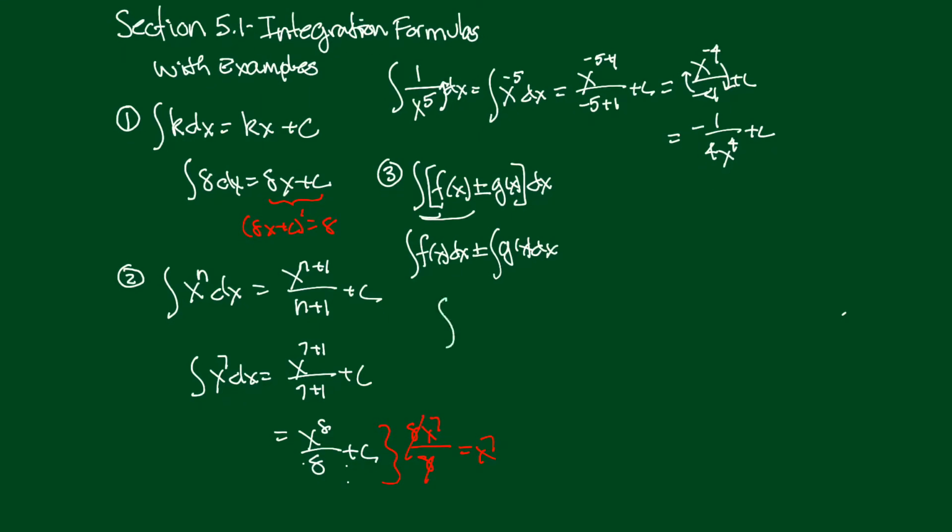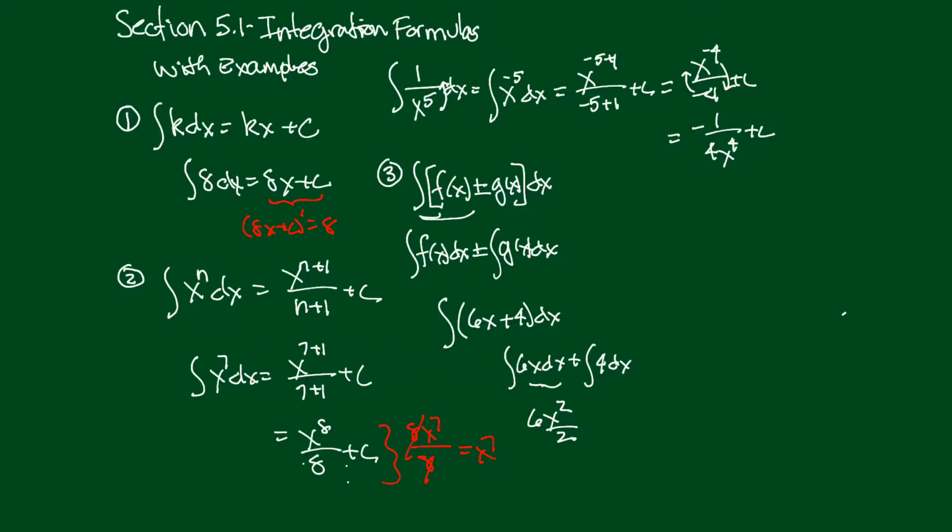Here is an example. Suppose that we have, say, the antiderivative of, how about this one here, 6x plus 4 dx. So by step, I'll get the integral of 6x dx plus the integral of 4 dx. From this one now, I'm going to get 6 and then x squared over 2. That's going back and using this one here.